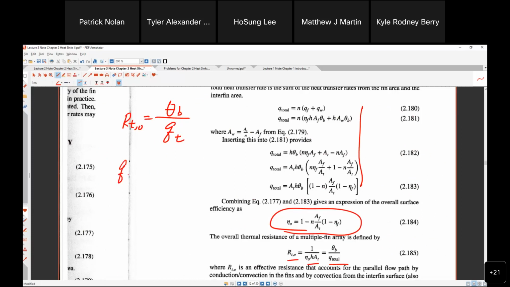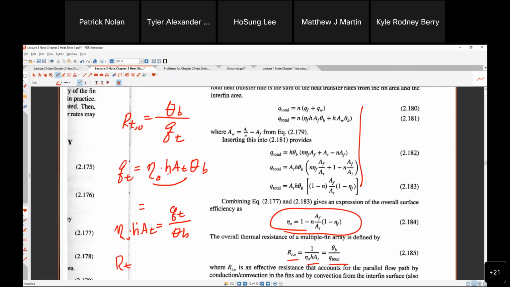So Q total is overall times Q max, h A_T theta_b. So overall h A_T is Q total over theta_b.